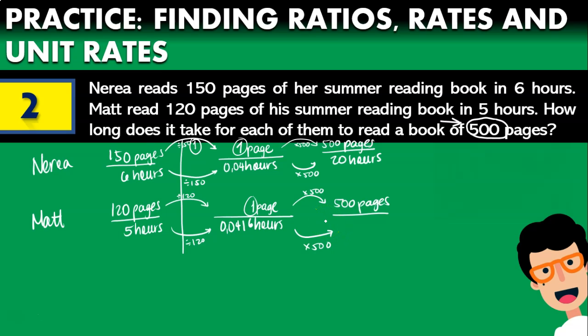And 0.0416 hours times 500 is going to give you the answer of 20.8 hours. So now you know that Nerea just takes 20 hours, while Matt takes 20.8 hours. Sorry, Matt.